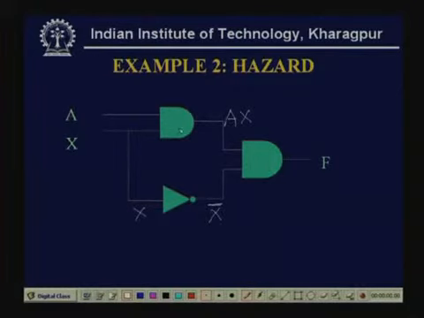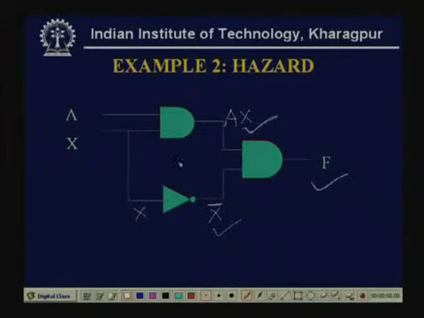So, if the two delays are same, initially first we think that these two delays are same, then at the same time this AX and the X complement are available and we will get a correct output F. So, there will be no hazard in the circuit.